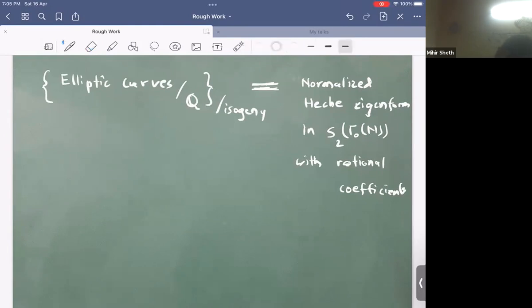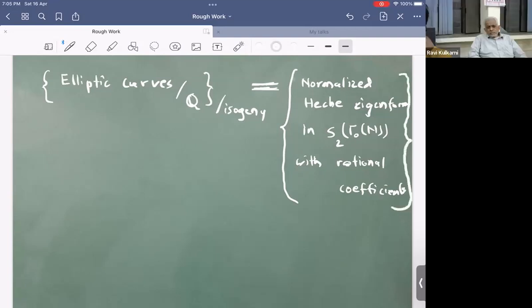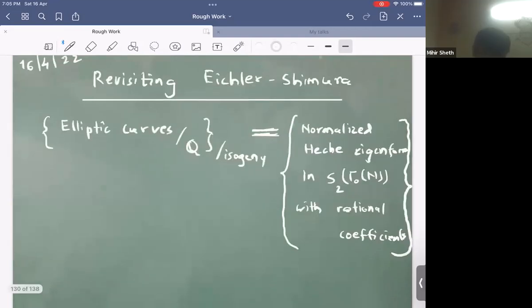So I have a set of very nice modular forms of weight 2 with varying level for the congruence subgroup gamma 0 n, but with rational coefficients. And the set of elliptic curves defined over rational numbers up to isogeny. And these two sets are in one-to-one correspondence. And this is the modularity theorem over Q.